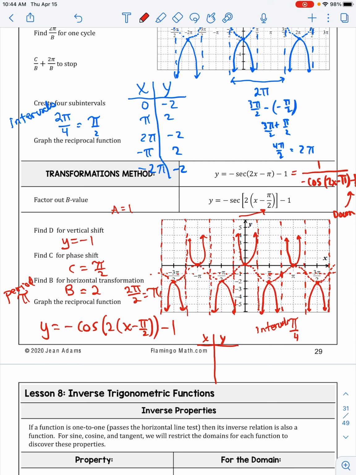Okay, so if we had to pick some points for Alex: 0, 0, that's that point right there. Pi over 2, negative 2. Pi, 0. 3 pi over 2, negative 2.